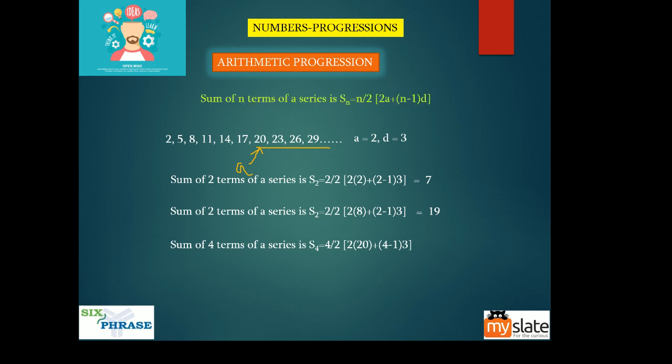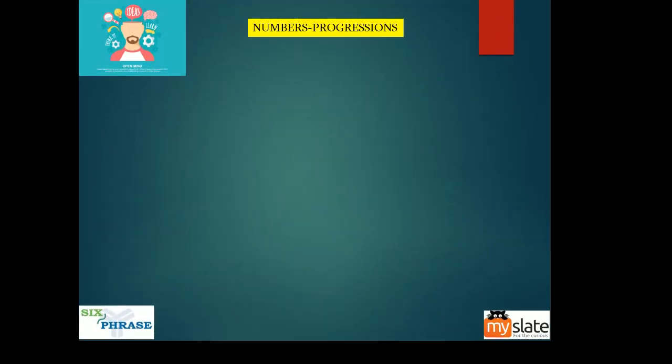Yes, and 2a will become 2 into 20, because a is 20, plus that formula, n minus 1, where n is 4, minus 1 into 3, where d is 3. Okay, now guys, you get 98. You add all this, I'm sure you'll get 98. Okay, so this is the sum of an arithmetic progression.